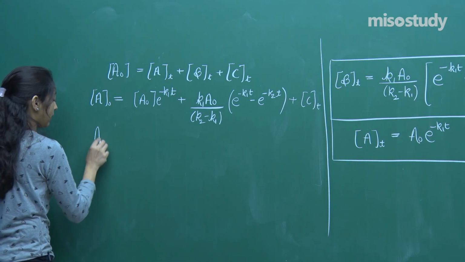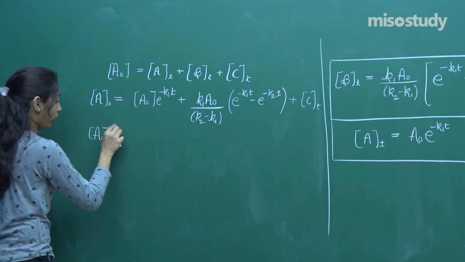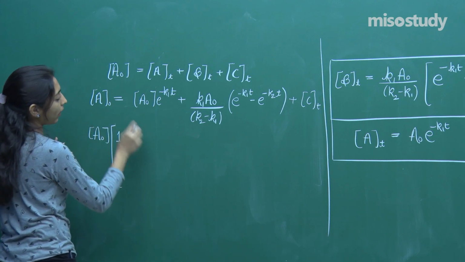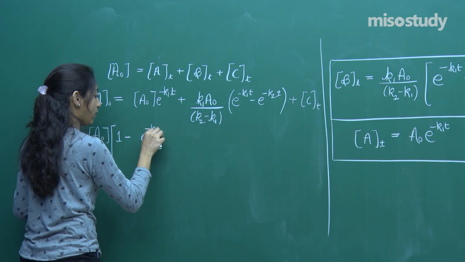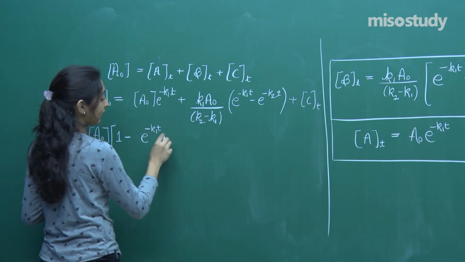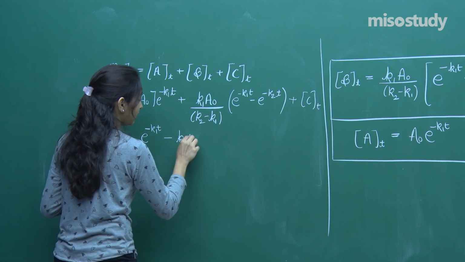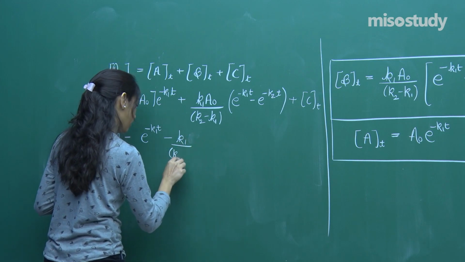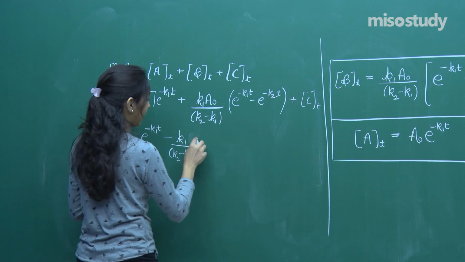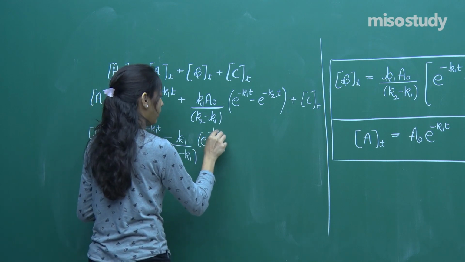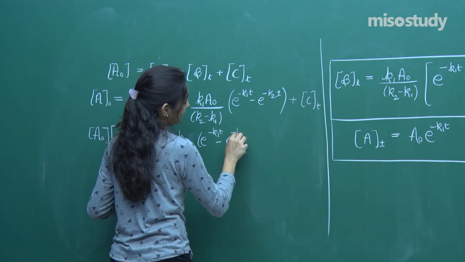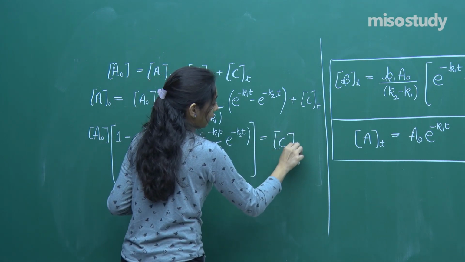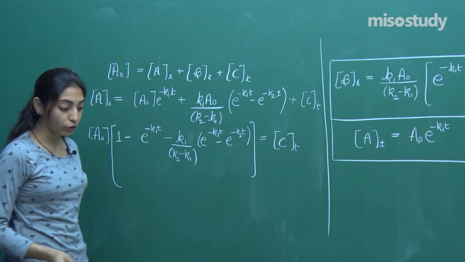You will be getting A naught times 1 minus e raised to the power minus K1T, and then minus K1 divided by K2 minus K1 into e raised to the power minus K1T minus e raised to the power minus K2T. This will be the final concentration of C.